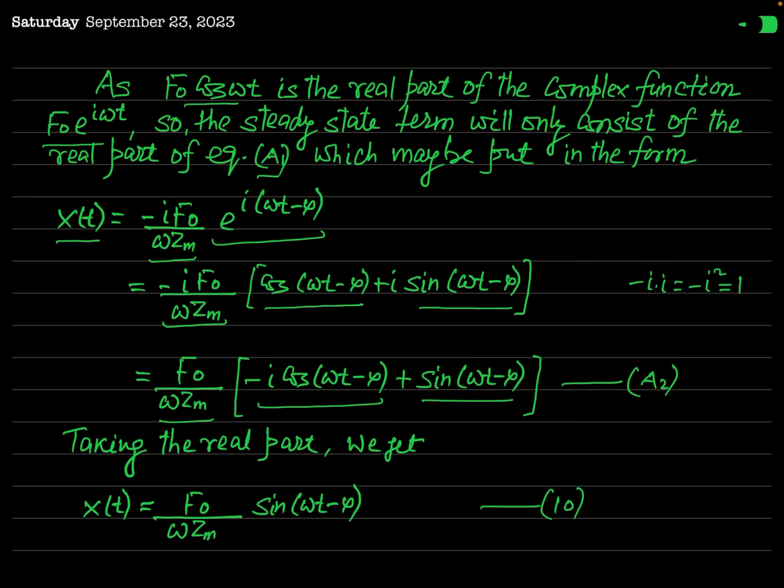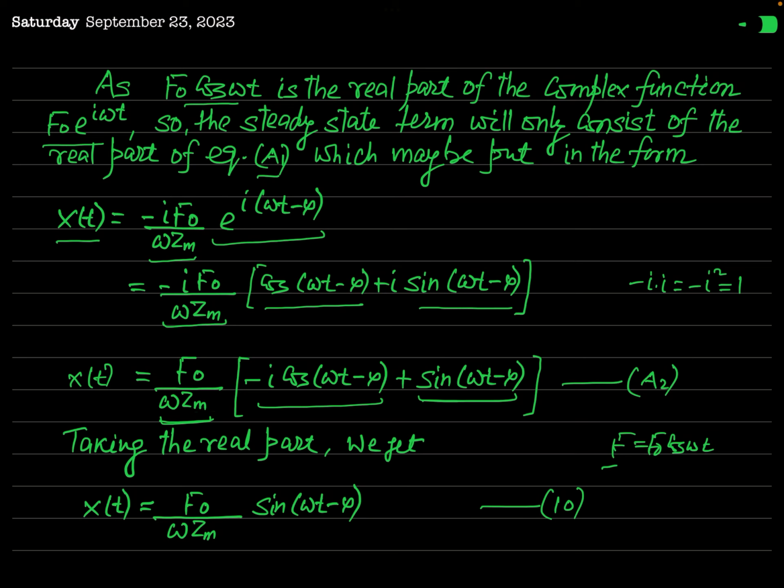So what is the real part of this x of t? Its real part will be f naught over omega zm times sin(omega t minus phi), because the first term contains i. Since we are considering F as f naught cos omega t, which is the real part of the applied periodic force, we must take the real part of x of t for getting the steady state solution.